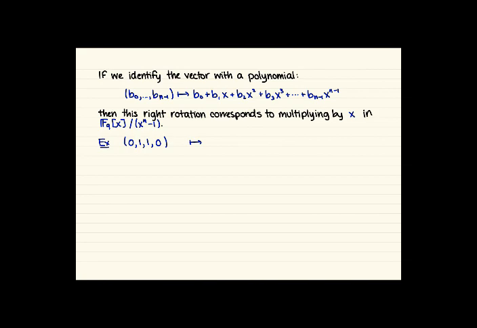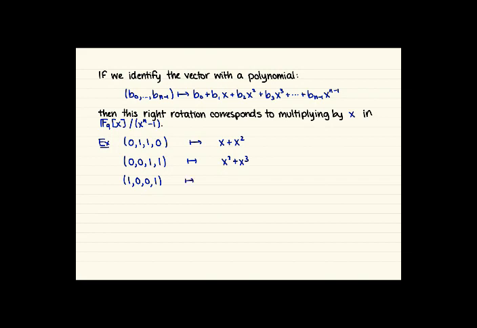So the way that this looks is, we were starting with 0, 1, 1, 0, and that corresponds to x plus x squared, matching those coefficients up with the entries. And then once we rotate this once, we've got 0, 0, 1, 1, which corresponds to x squared plus x cubed, which is multiplying the previous one by x. And then rotating again, we got 1, 0, 0, 1.